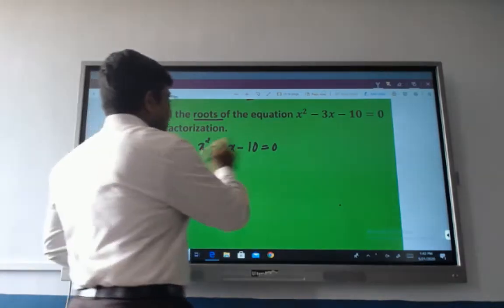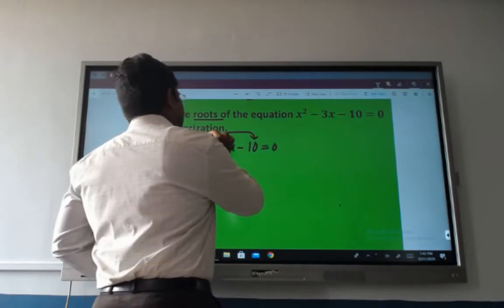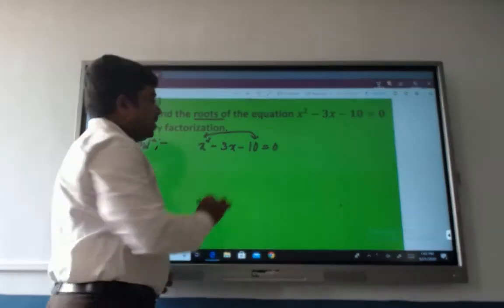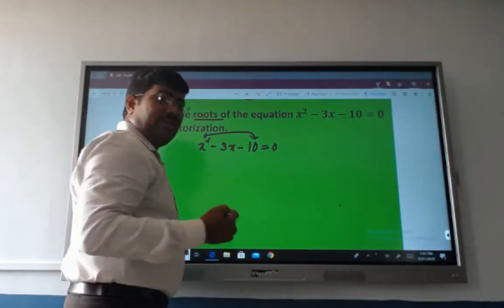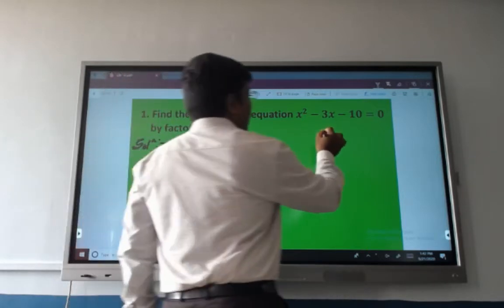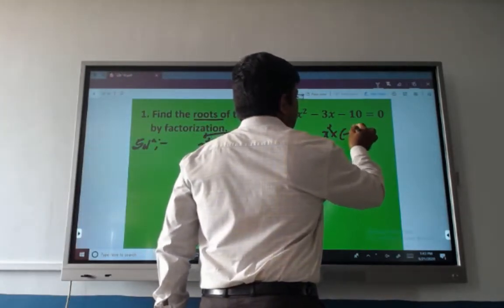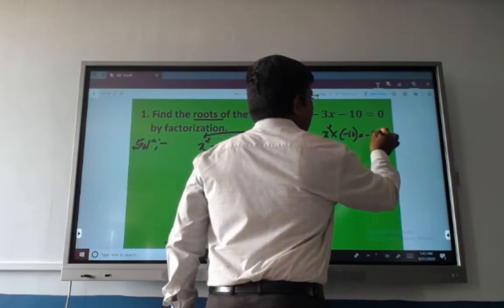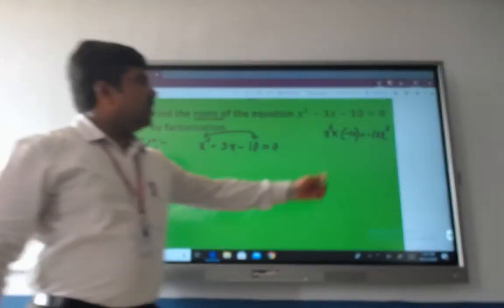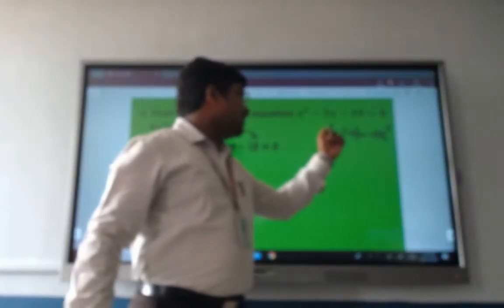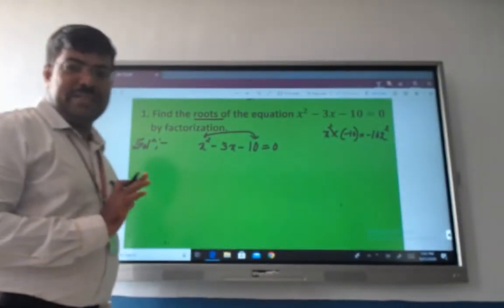So we have to multiply the first and last terms, and the middle term is minus 3x. What will you get if you multiply x square into minus 10? We will get minus 10x square.